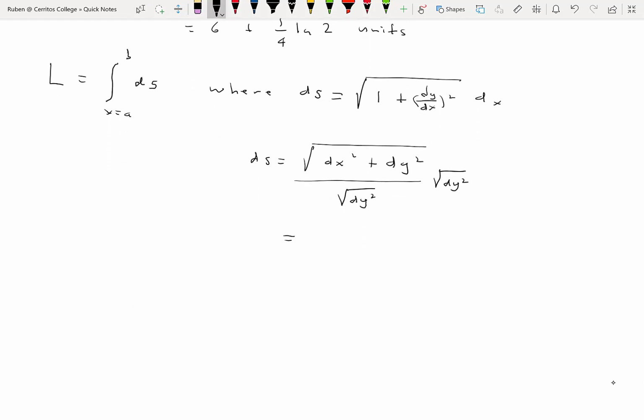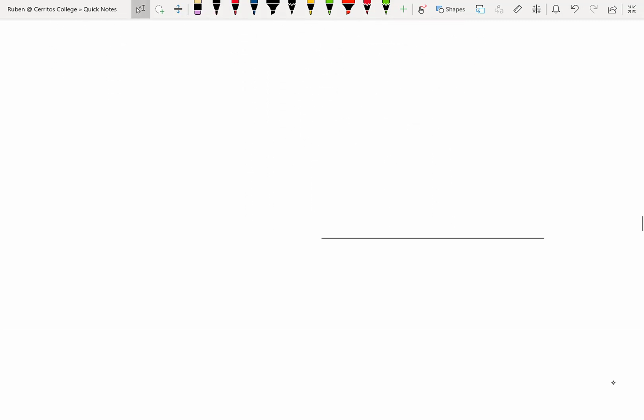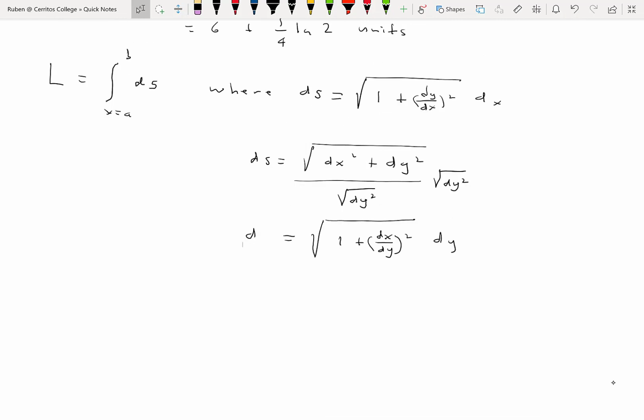And the bottom line here is that our second formula then, if we combine to one radical, we get 1 plus dx over dy, the derivative of x with respect to y squared, dy. Or, oops, that doesn't represent dy, that represents ds. Sorry about that. So let me clean this up.